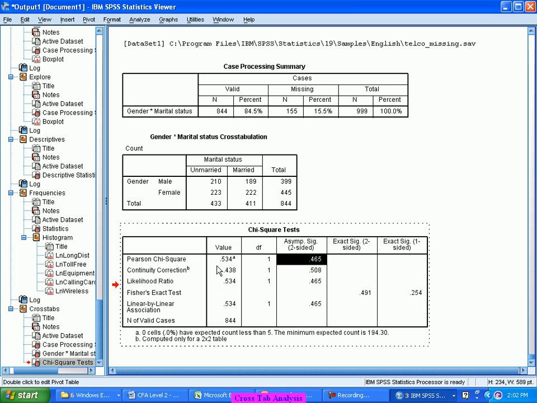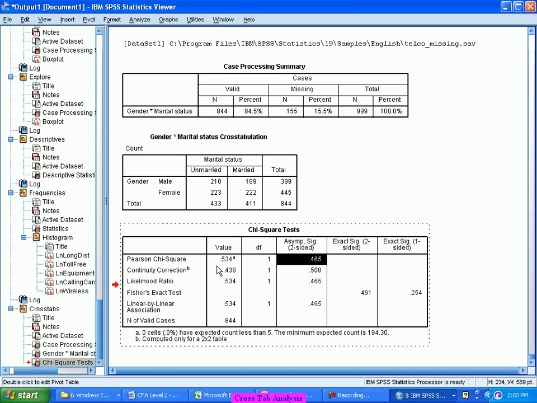What this means is, as long as this number is greater than 0.05. When I told you earlier, for a normal distribution, plus or minus 2 standard deviations contain 95% of the data. Only 5% is in the rejection region, outside the plus or minus 2 sigma limits.